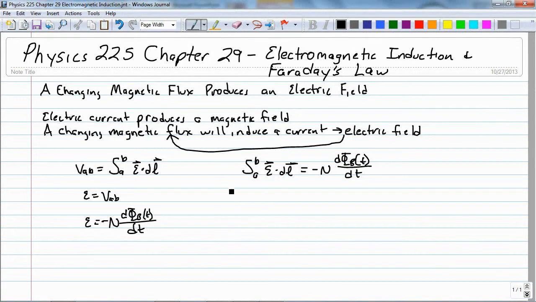So the consequence is that with the connection of these two, we remember that this line integral means that the path must be closed around a magnetic field.